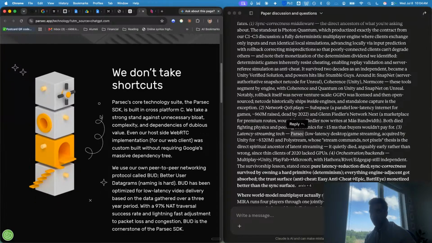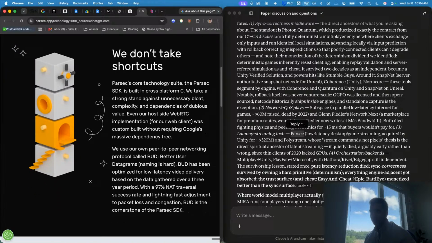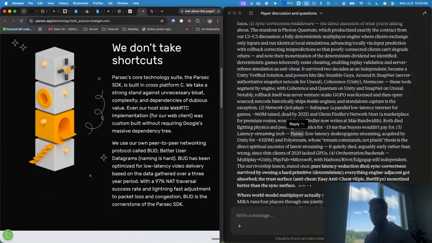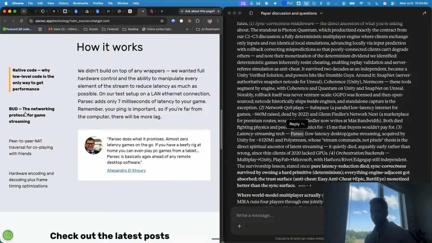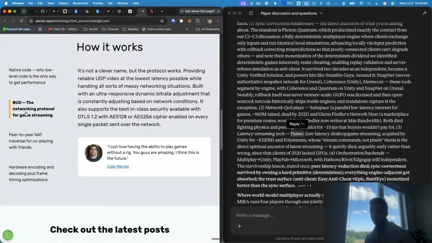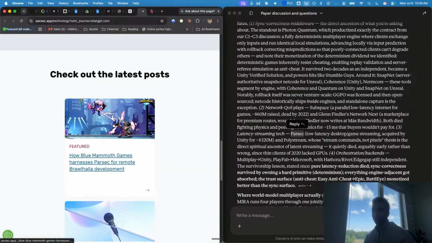I mean, I don't know. Yeah, so this right here is their value proposition. They have some optimizations for the networking between their computers and their customers' computers.